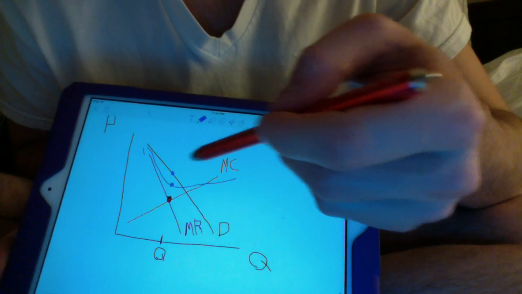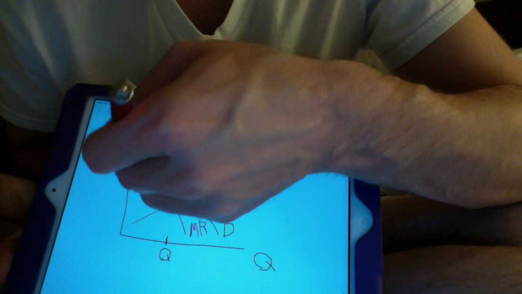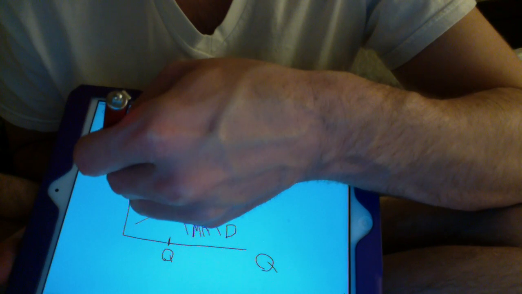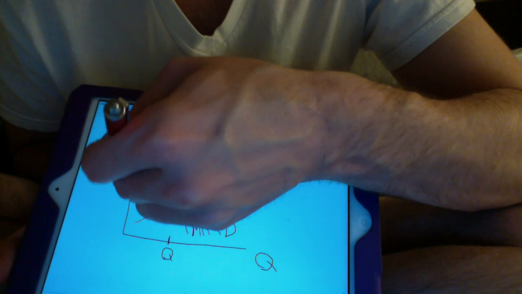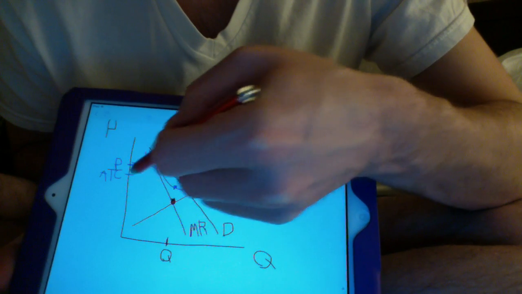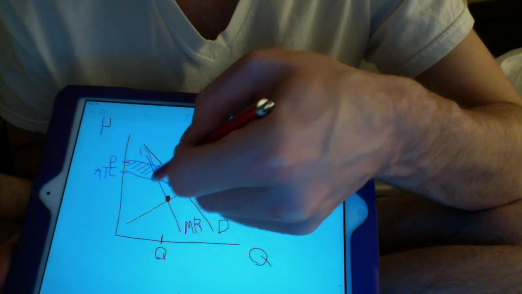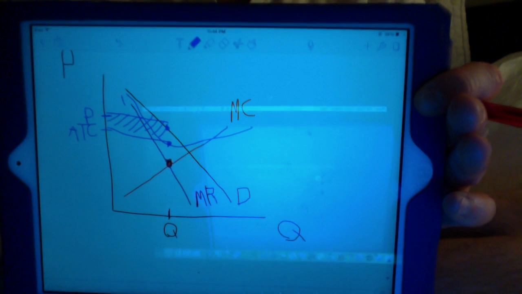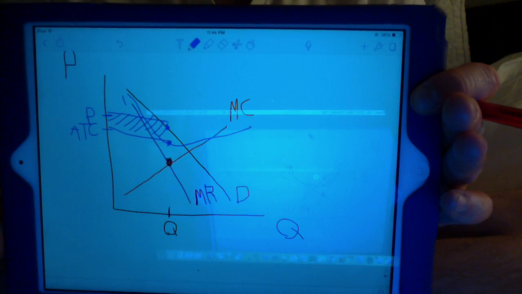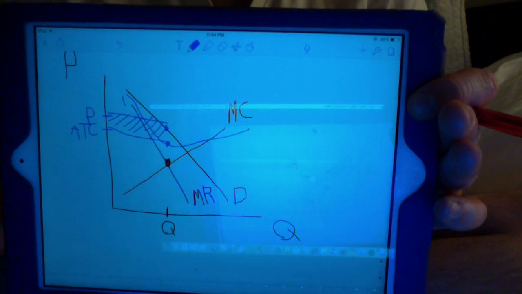Here is the price. Price is above average total cost. That means we are going to make some profit. And I realize this graph's a little off, but that is profit. So this is the short run. In the long run, this is not going to happen.